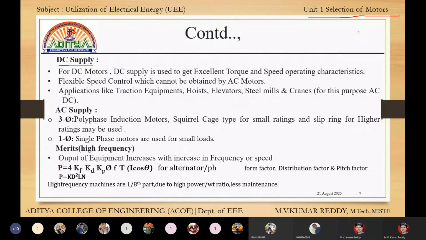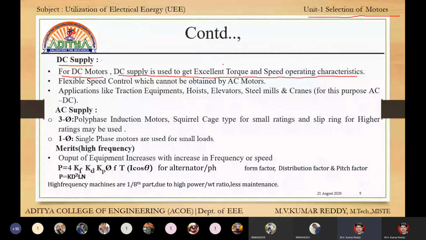Next, DC supply. In DC supply, how is this DC supply used for motors? In that direction only we have to study. DC supply means it can be given to DC motors. DC supply is used to get excellent torque and speed operating characteristics.